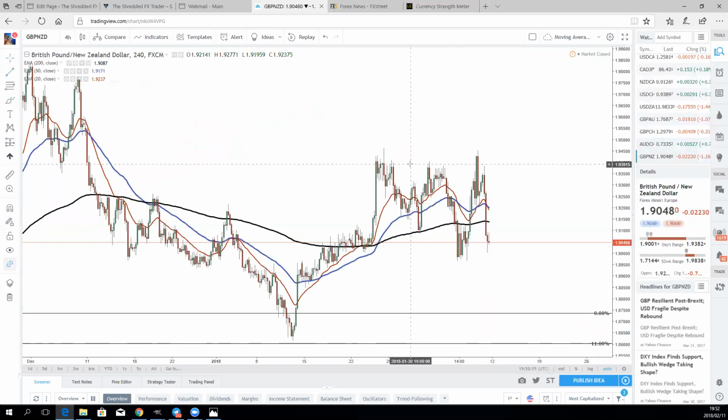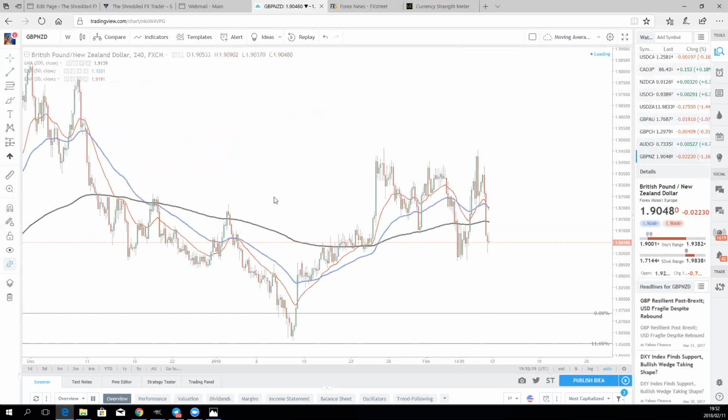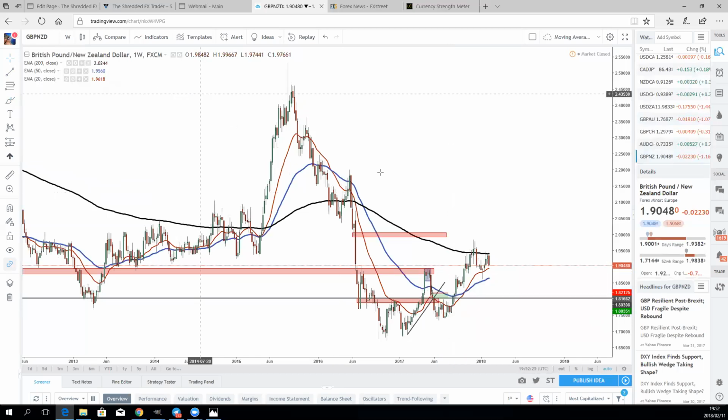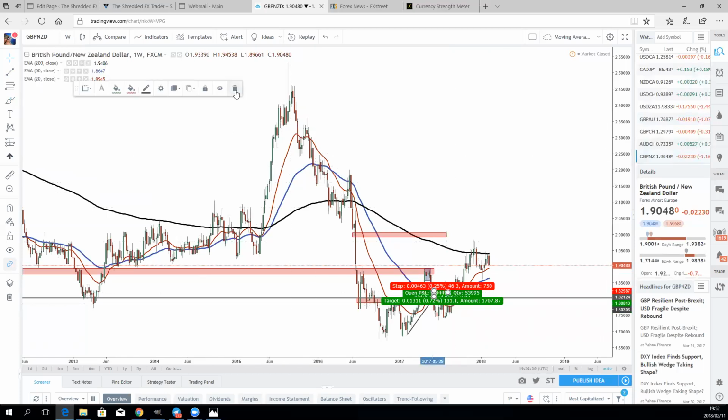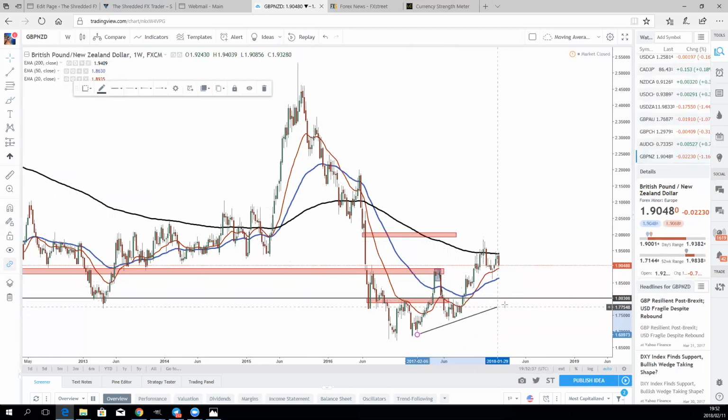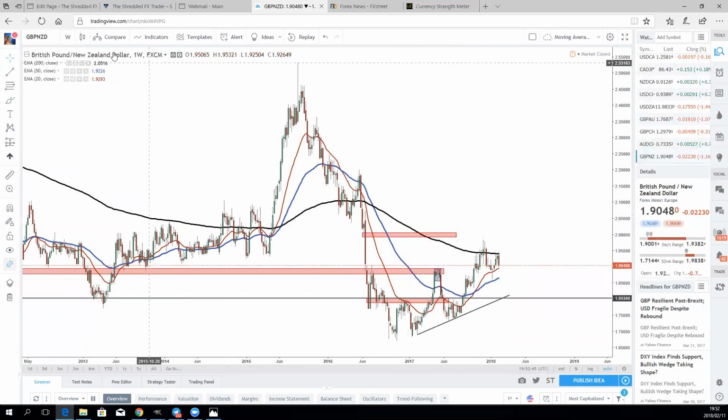Last one we'll do tonight, guys, pound New Zealand. See overall momentum on the weekly is bullish.